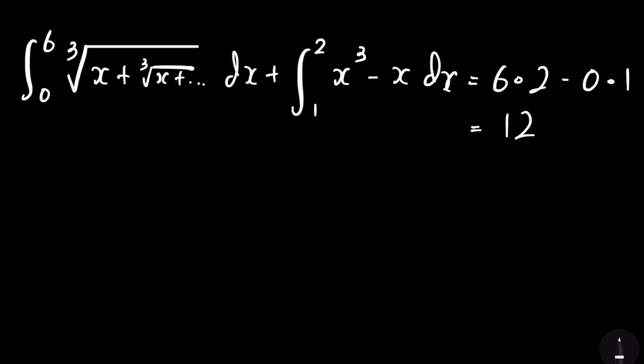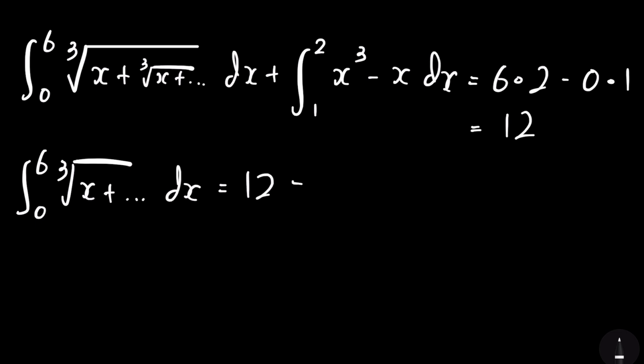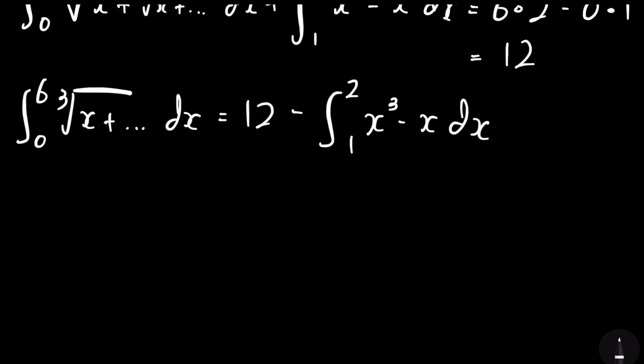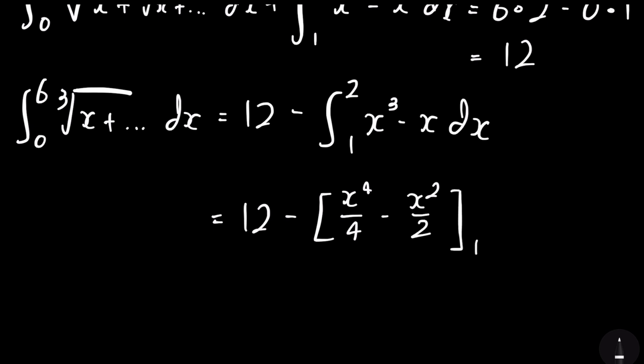So, once again, let's move the integral that we can solve to the other side. We have 12 minus the integral from 1 to 2 of x cubed minus x. Now this is just a very nice, simple power rule. So we have x to the 4 over 4 minus x squared over 2, from 1 to 2.